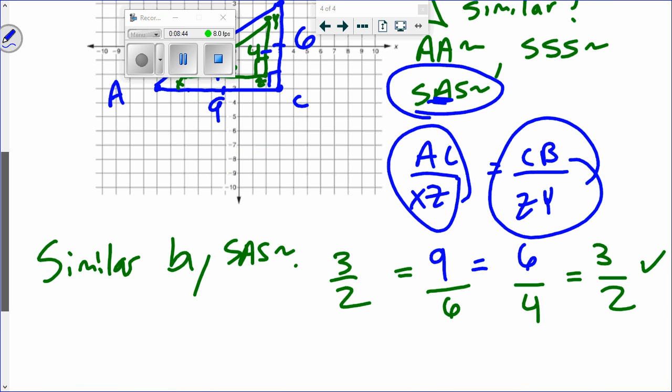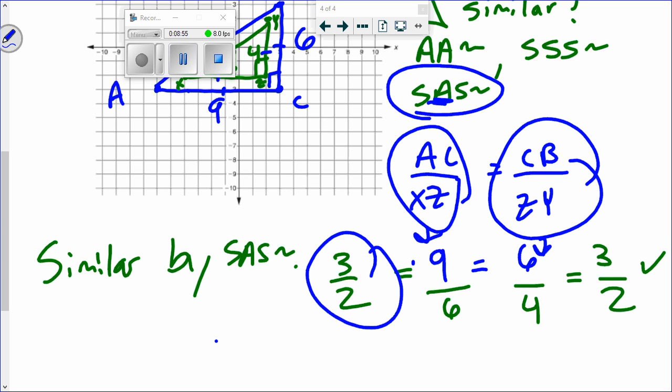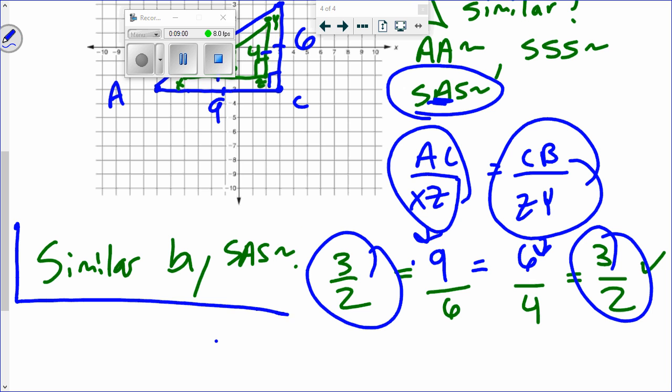AC over XZ is 9 over 6. CB over ZY is 6 over 4. Both of these are equal to 3/2. So these are proportional sides. Thus, similar triangles by side angle side.